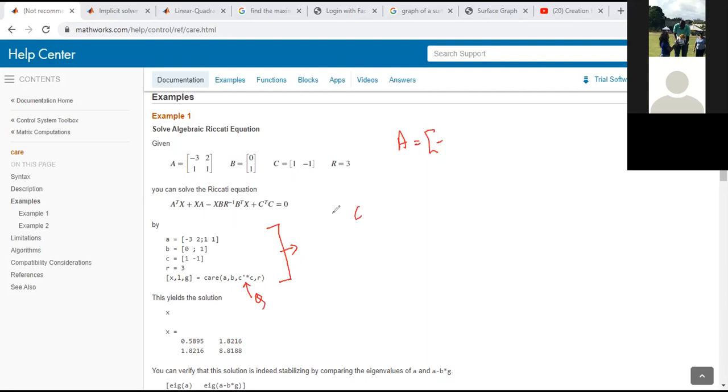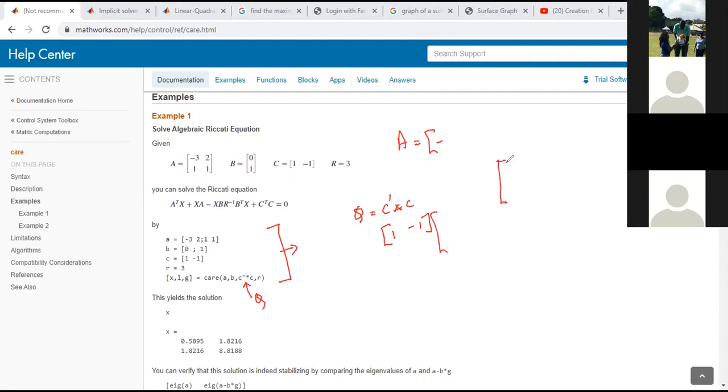You can define Q before. You can define Q equal C transpose times C. Or let me work it out. 1, negative 1 times 1, negative 1.